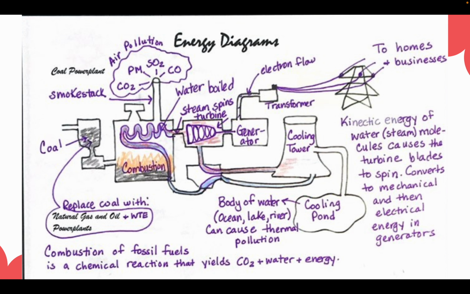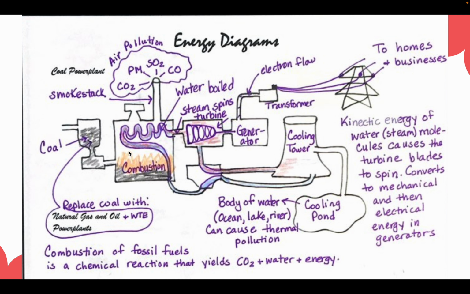Now, I know this looks very overwhelming. Please don't freak out. All right. What I really care about you knowing is what's happening here. We have combustion here in this first square. This would be your boiler or furnace. The combustion is being fueled by either coal, oil, or natural gas, which is a hydrocarbon.